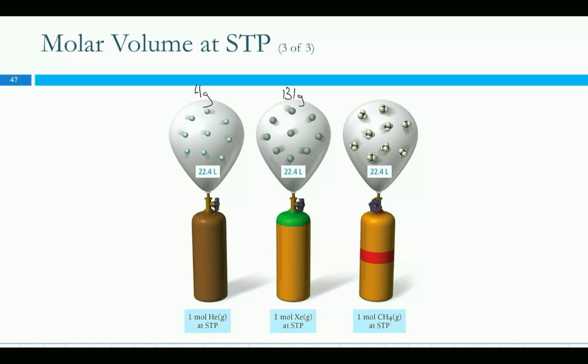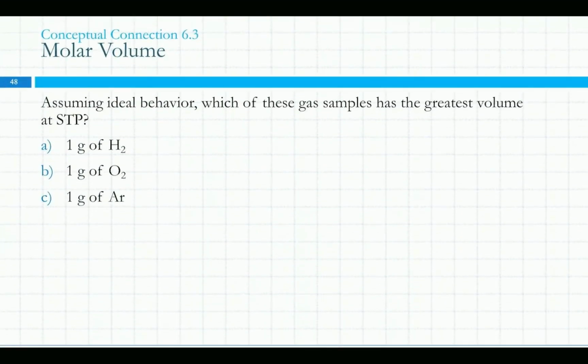And then methane would be about 16.05 grams. So same volume for all of them, but different masses, depending on how heavy or massive the atoms are. So this is taking that idea, but giving masses of some gases. Which one would have the greatest volume at STP?